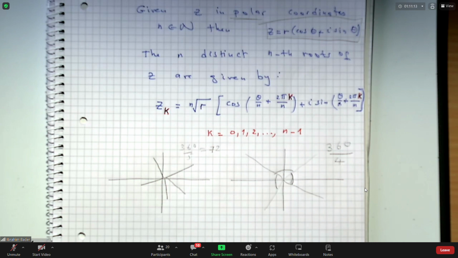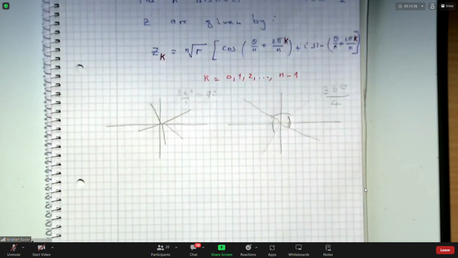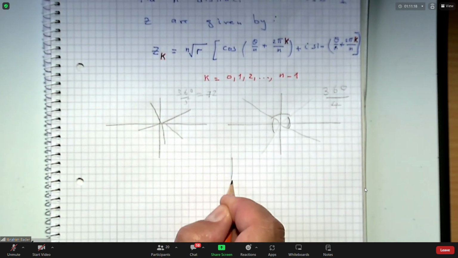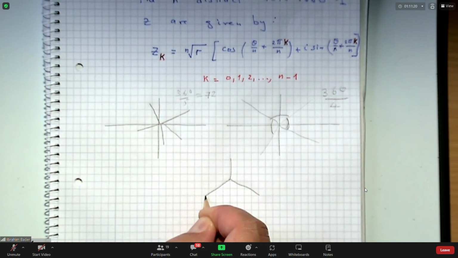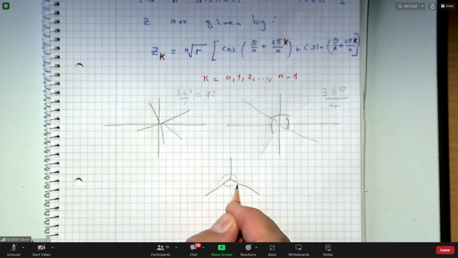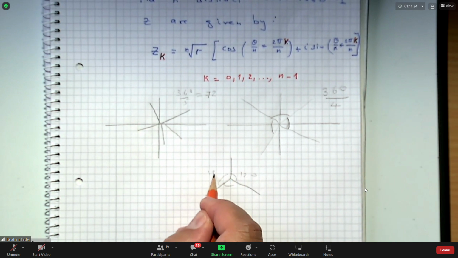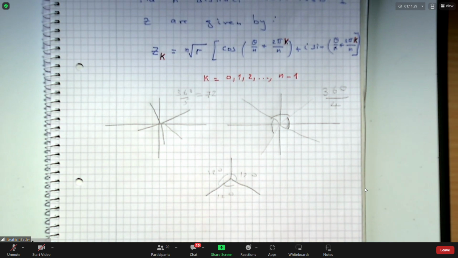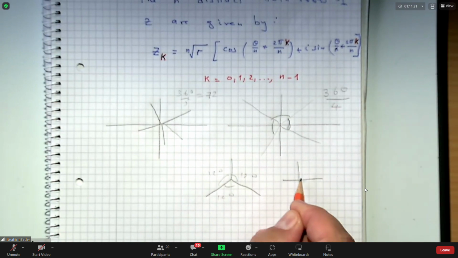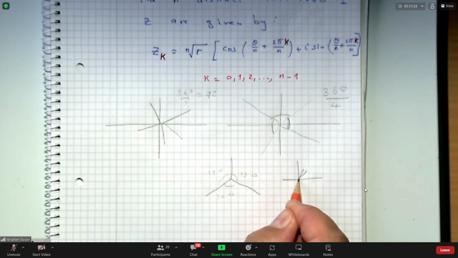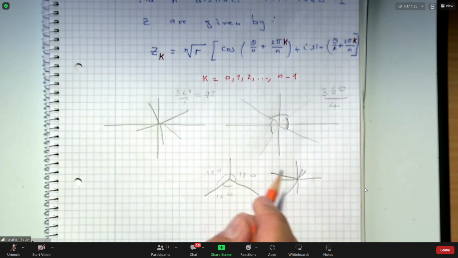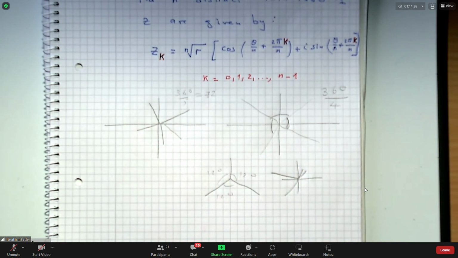If I have third roots, I will be having something like the Mercedes star here, 120, 120, 120. So if you are asked to plot the roots, you will not have two roots very close and this one far, this one far. No, it will be evenly distributed, just like a star or flower or whatever. Okay, this is an important note.